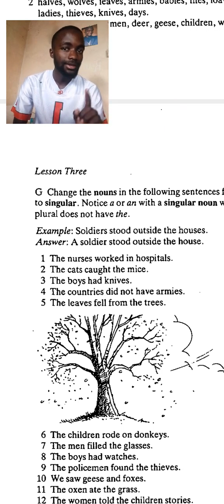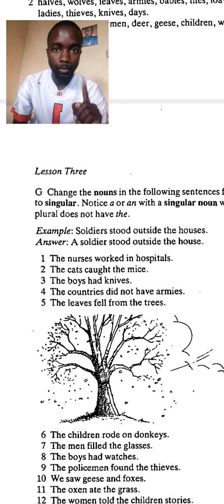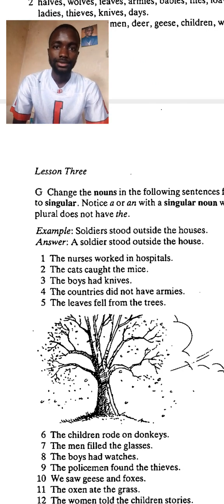Because the word army begins with a vowel, that is A, A-R-M-Y. So that's why we say an army. It doesn't even sound well when you pronounce it as a army. The leaves fell from the trees. The leaf fell from the tree.